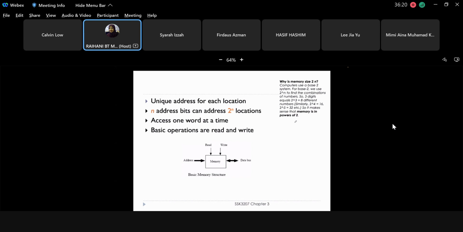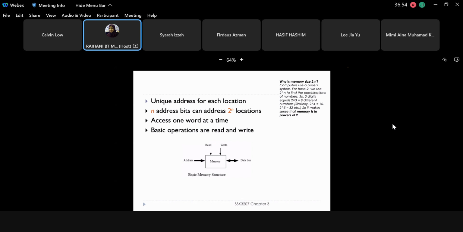Of course, each has an address. Where is Ah Chong's house? Where is Ahmad's house? And the data inside the house is how many persons reside inside the house. So the data and the address of the location must come together, same as built in the structure or architecture inside the memory.